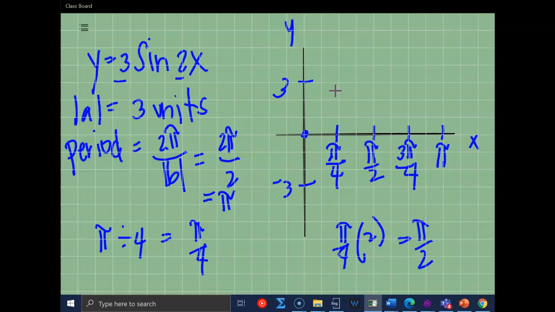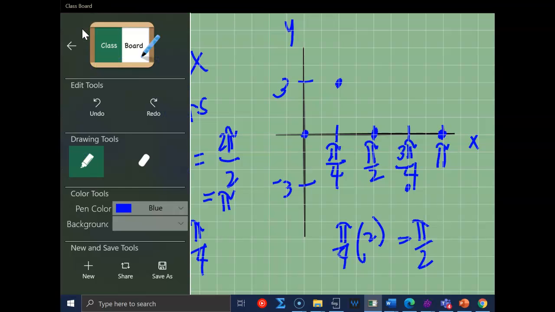Then going up to the maximum point, which is at pi over 4, 3, going down to the midline at pi over 2, 0, then down to the trough, the lowest point of the given sine function, is at 3 pi over 4, negative 3. Then once again, going up to the midline at point pi, 0.